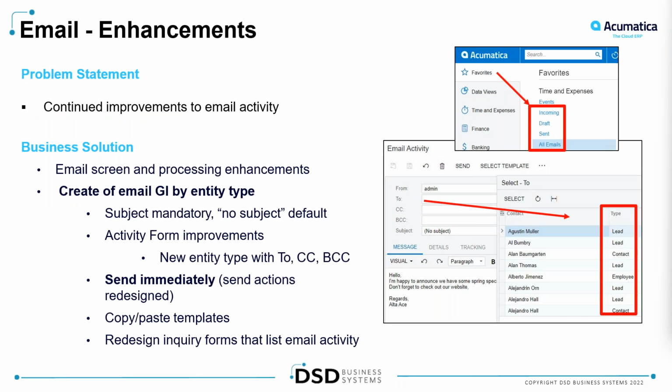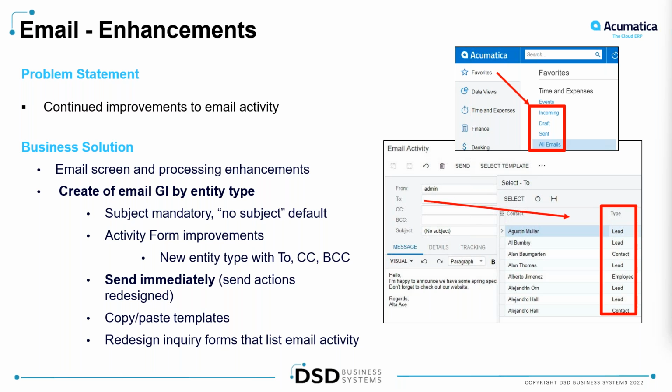Email enhancements go along that same line, where I can add internal contacts or internal employees to case records. Now when I'm getting ready to send an outbound email, I can open that email, click into the To selection box, and then see the contact type.